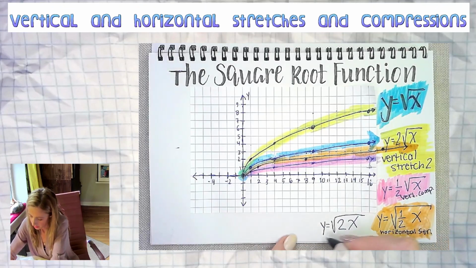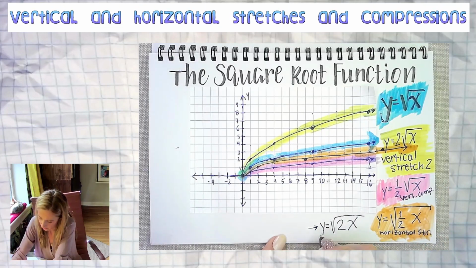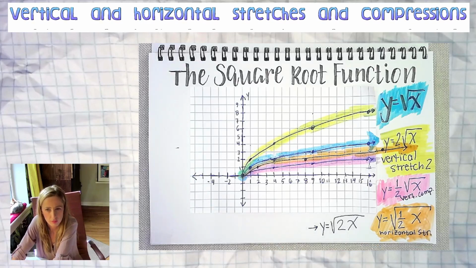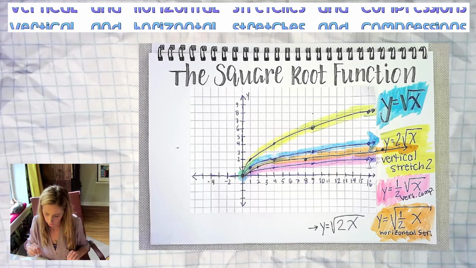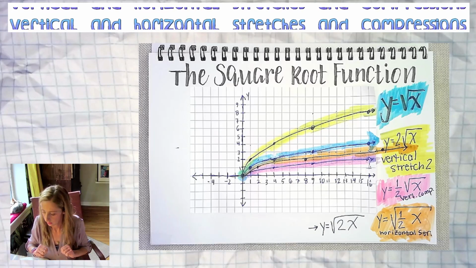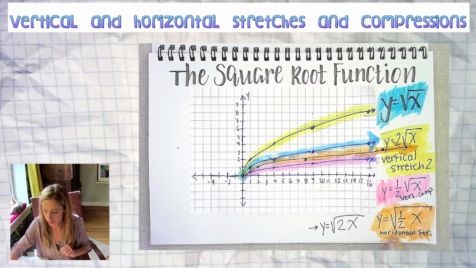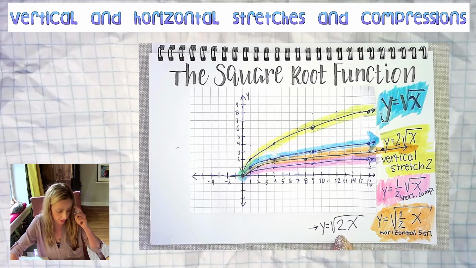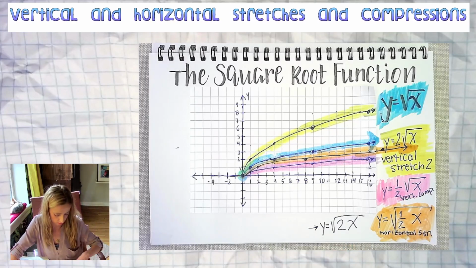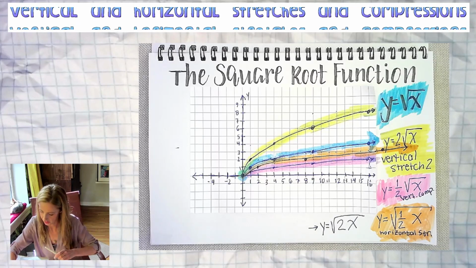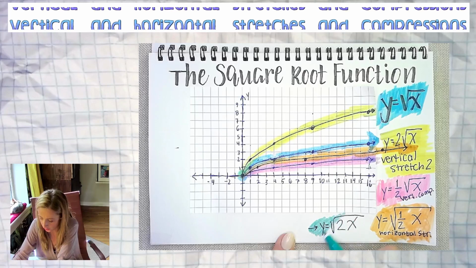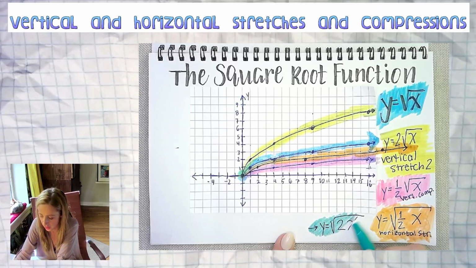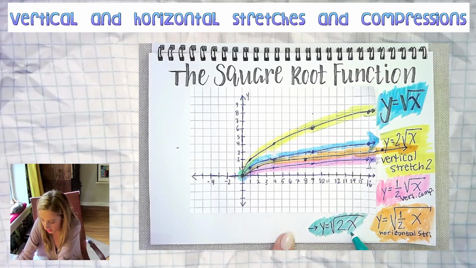All right. Then what's this one going to be? Horizontal stretch. That was a horizontal stretch. Remember, it's crazy. It's bonkers. So if it's bigger than one, it's actually a compression when it's horizontal, okay?